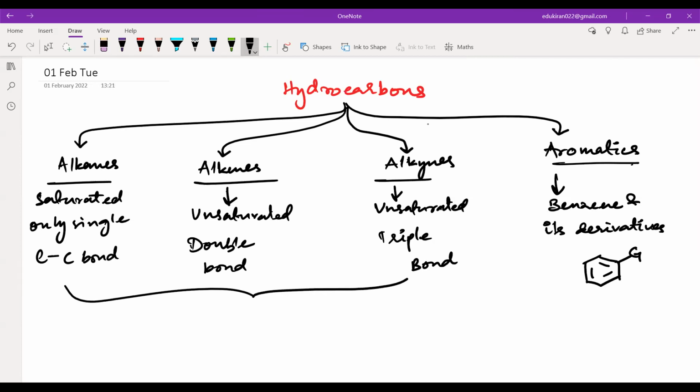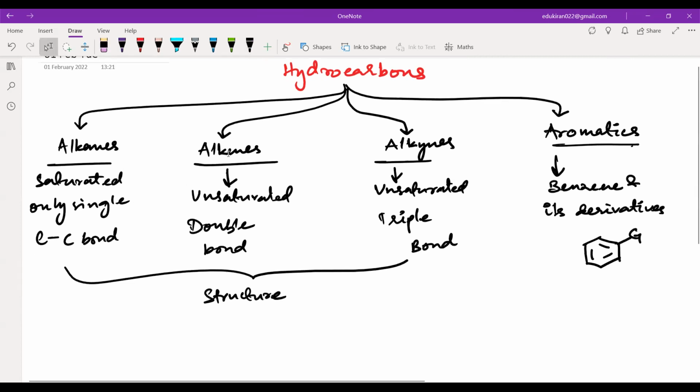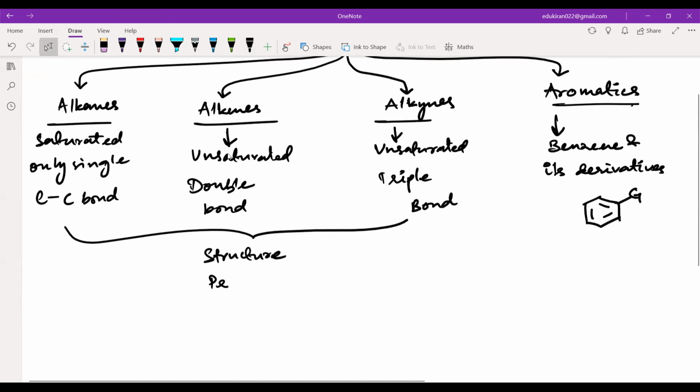We will be studying about structure, its preparation, and some of its isomerism. In structure only, we will be studying about isomerism.